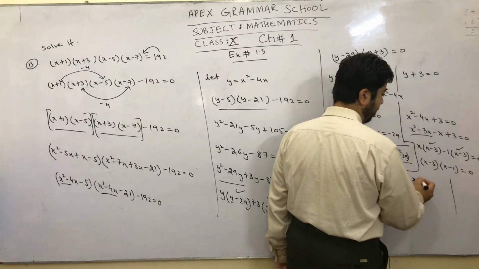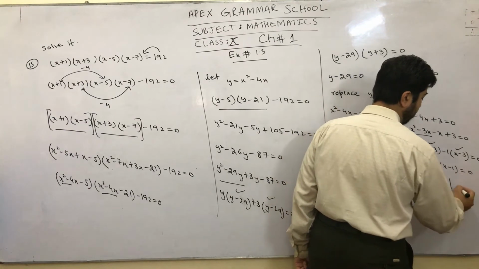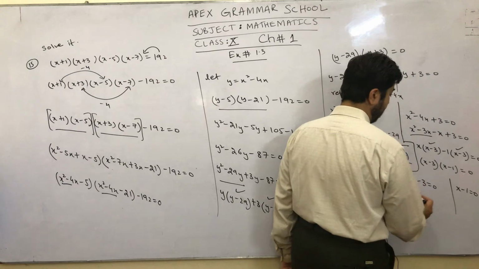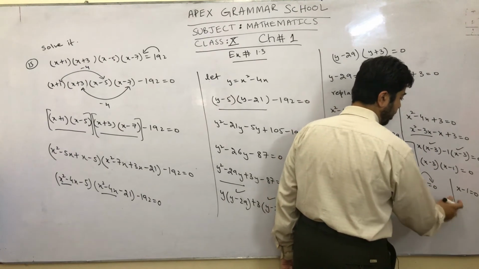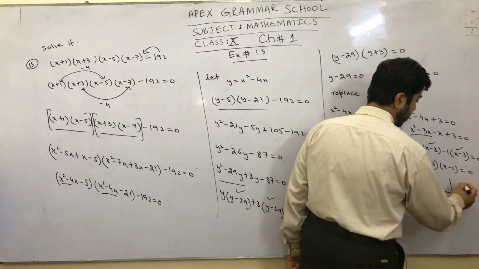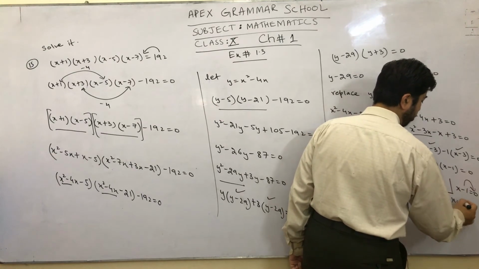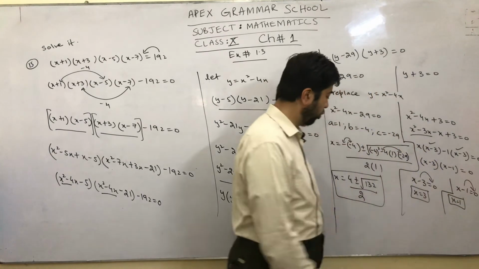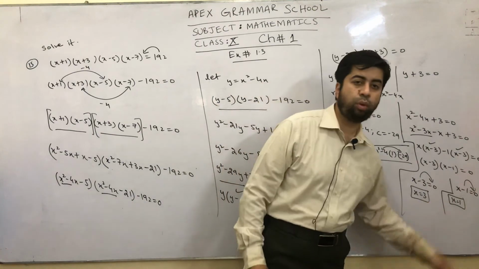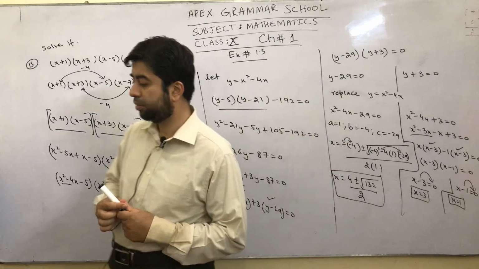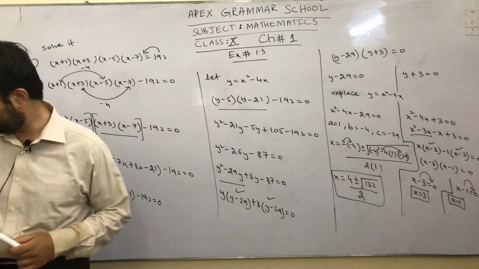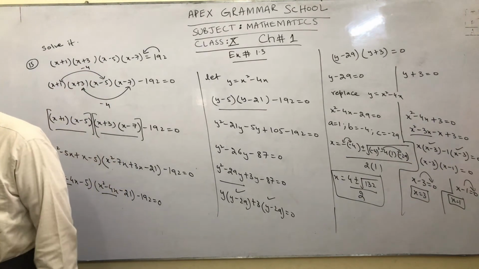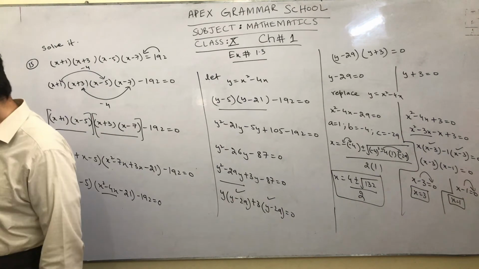Now, x minus 3 is equal to 0 and x minus 1 is equal to 0. So, minus 3 is here, so x is equal to 3 and minus 1 is here, so x is equal to 1. So 1, 2, 3, 4 roots are here. This was question number 15, and now the last question, that is question number 16 here.